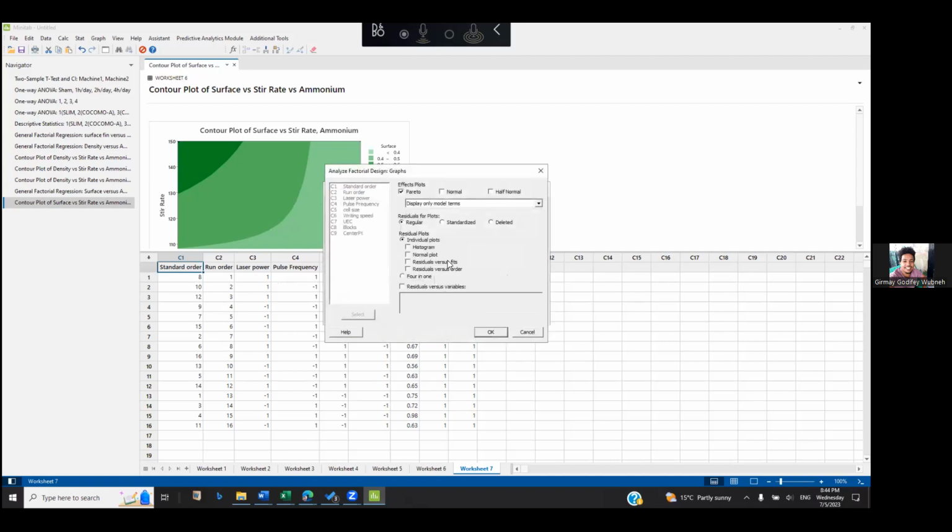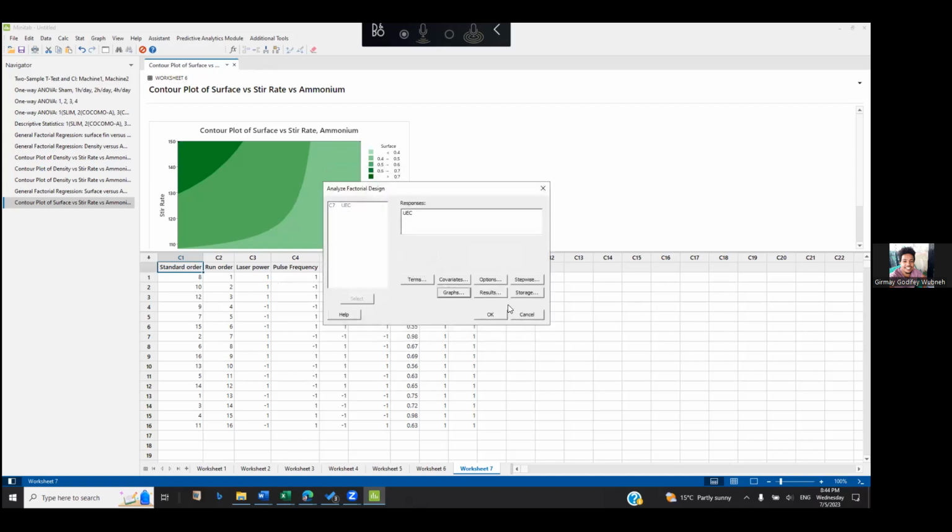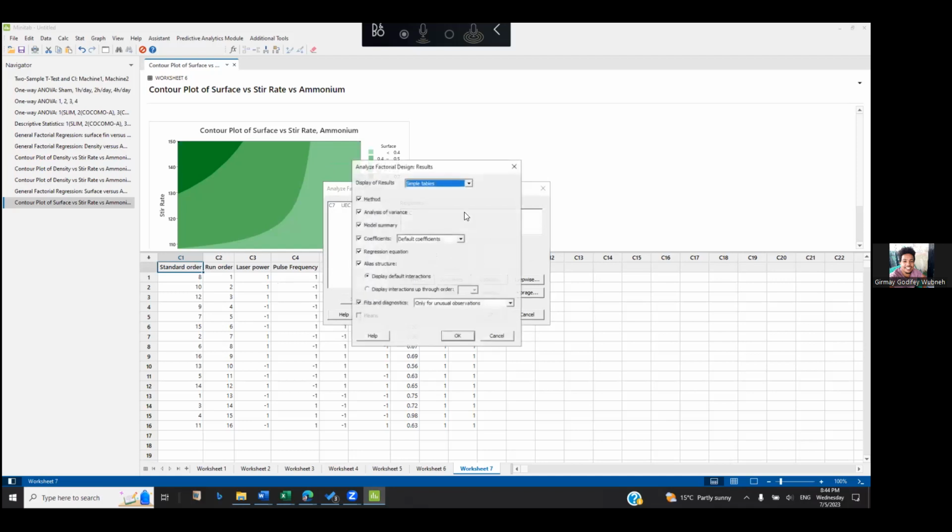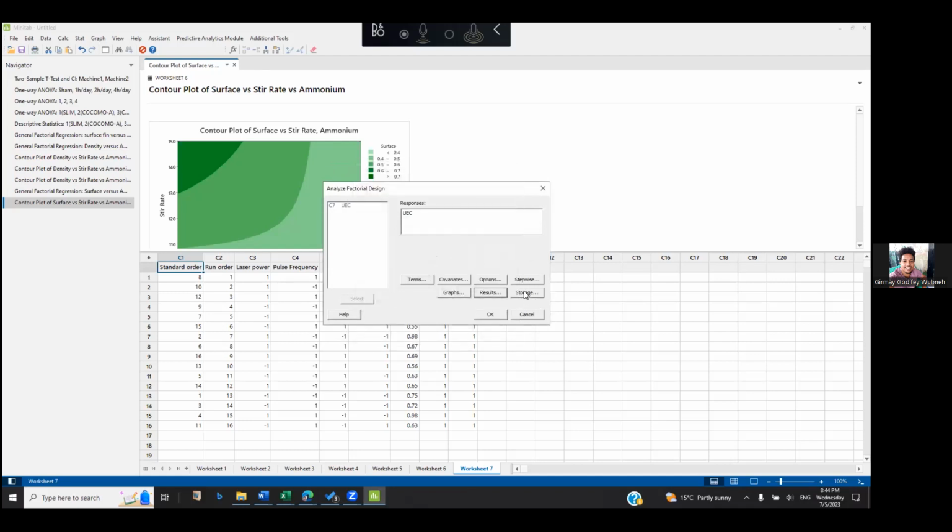Okay, graph four in one, results expanded, then store the residuals.